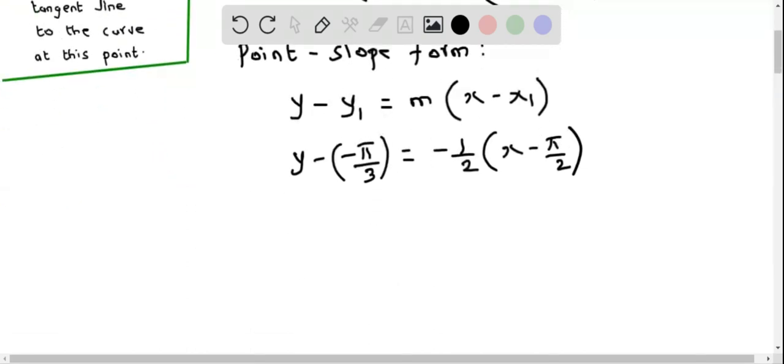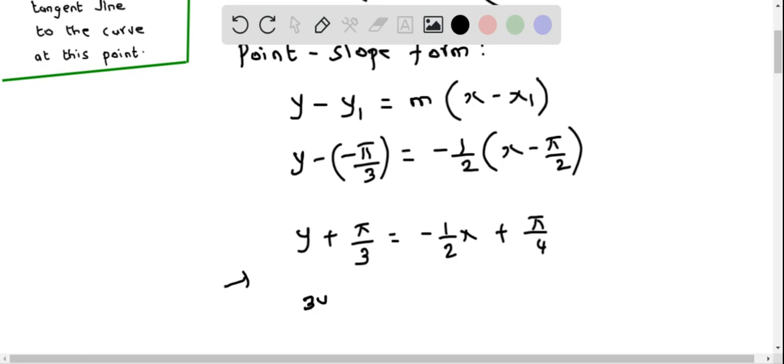So let's simplify this. This equals y plus pi by 3 equals negative, I can distribute this negative half. So it becomes negative 1 by 2 x, plus negative times negative is positive, so it is pi by 4. And let me simplify the left side expression by multiplying and dividing the y by 3.